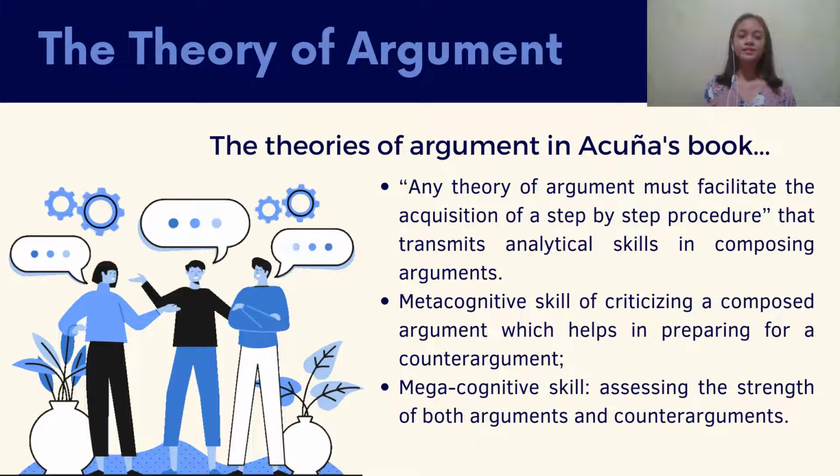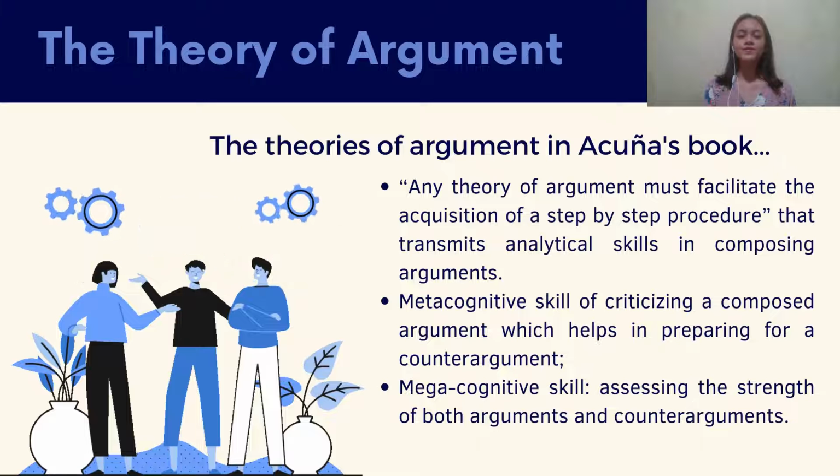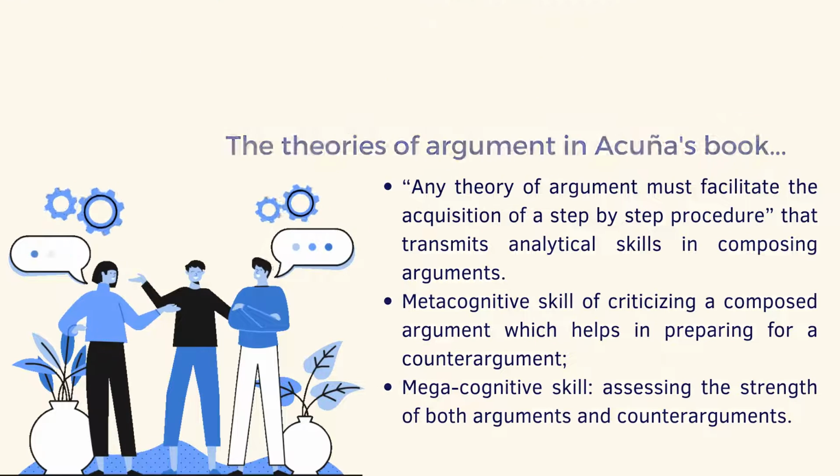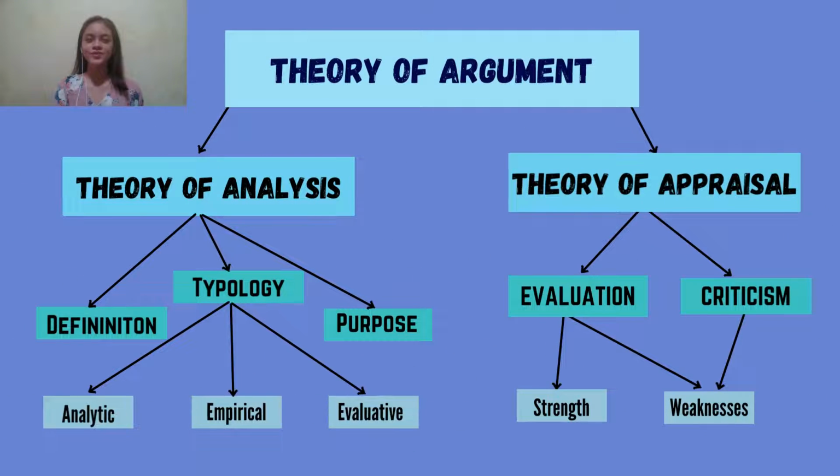In relation to this, Acuña sketched his theory by using the model of Ralph Johnson in order to remain in accordance with the language game of informal logicians. In Ralph Johnson's requirement for a theory of argument, it must have two components, namely, theory of analysis and theory of appraisal. Now, let us discuss the tasks of these two components.